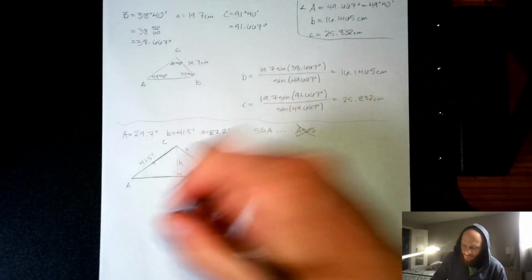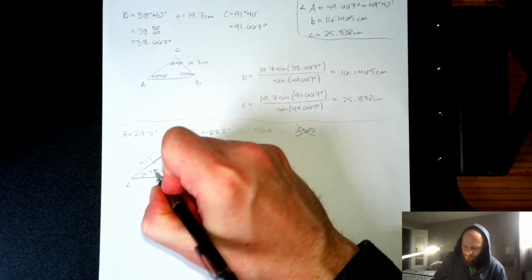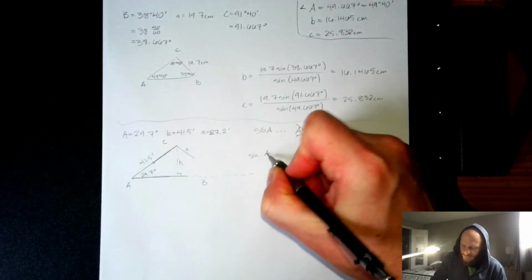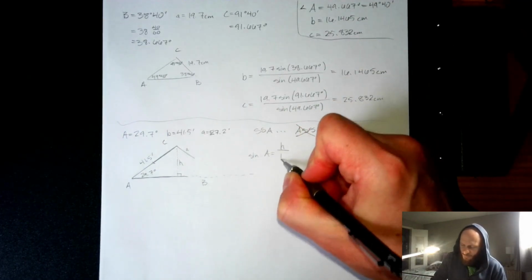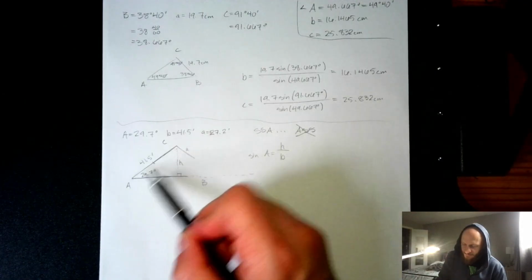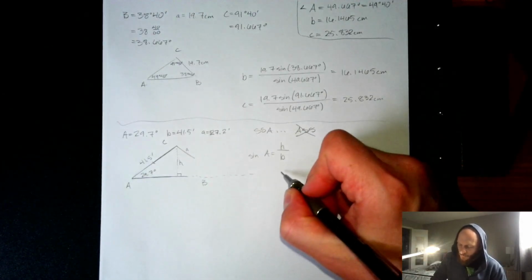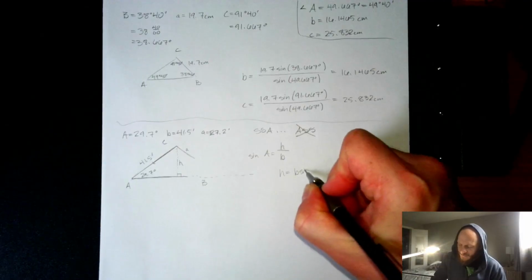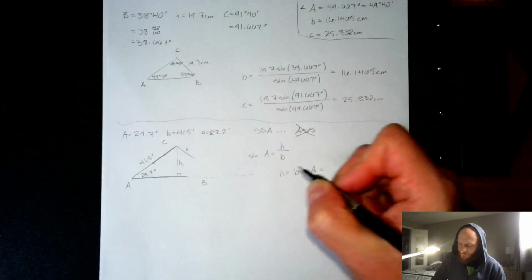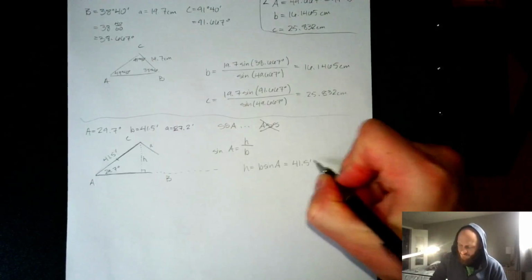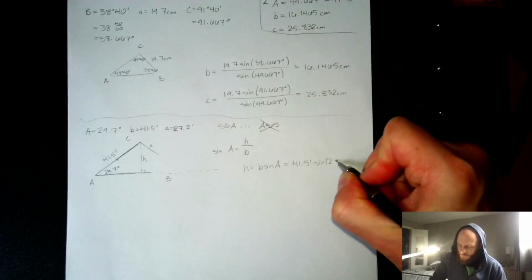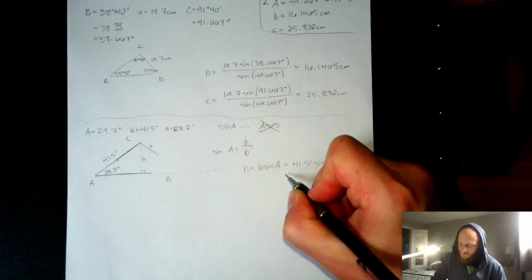Well, we know that this is 29.7 degrees. We know that the sine of A is equal to opposite over hypotenuse. B would be the hypotenuse of that right triangle. So H is equal to B sine of A, which is 41.5 feet times the sine of 29.7 degrees.